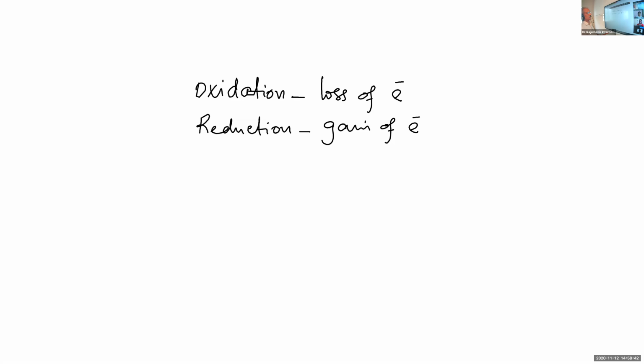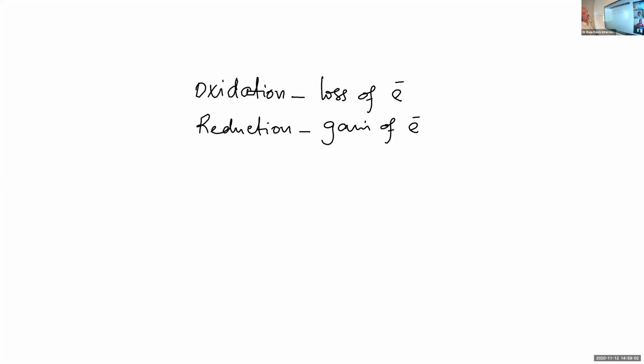In the combined state or in the ionic form, the positive or negative charge carried by one atom of the element is called the oxidation number.